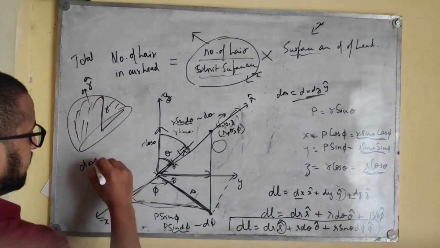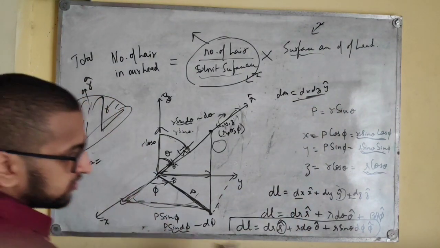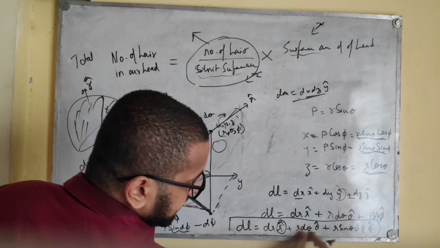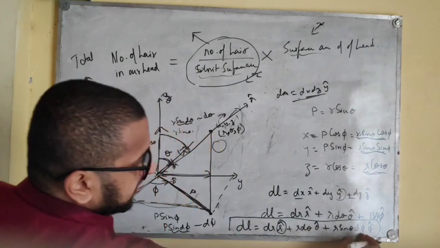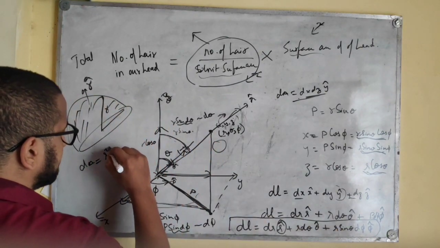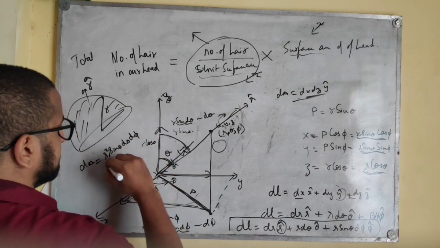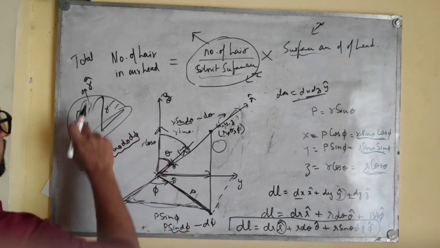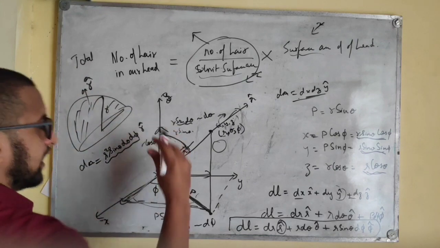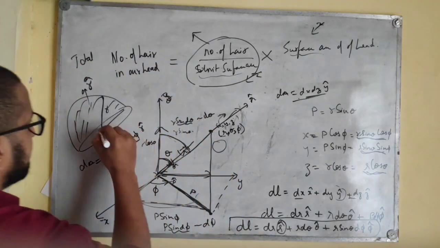So the area element is r d theta, r sin theta d phi, so r square sin theta d theta d phi. This is the area element projected towards r cap, the radial direction.